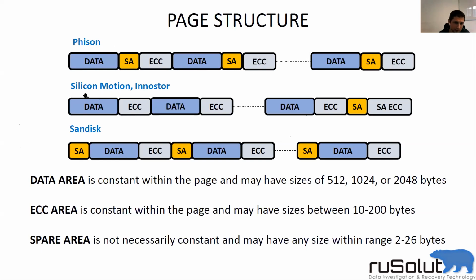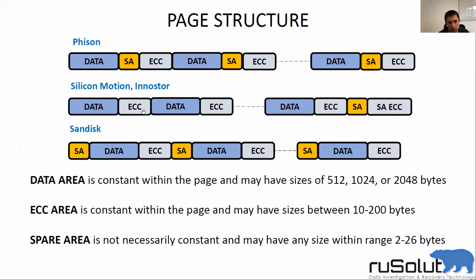In case of Silicon Motion, we have just one service area in the end, and within the page we have data plus ECC, data plus ECC. So just one copy of the service area with a service area ECC in the end. And Silicon Motion usually also has 1024 bytes for the data area. So it's a standard value here.